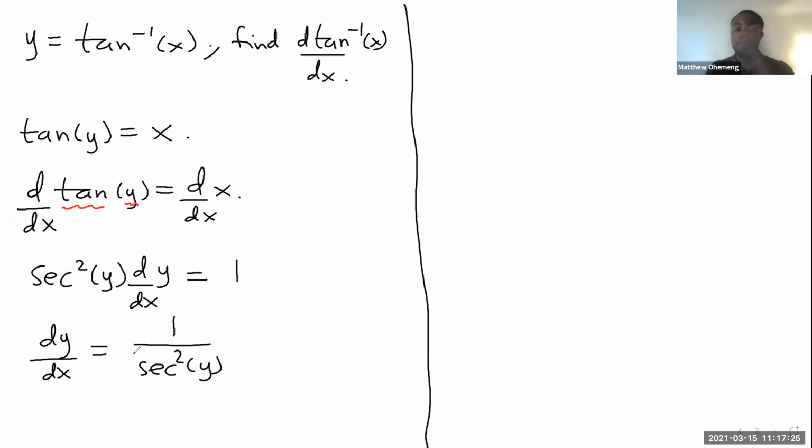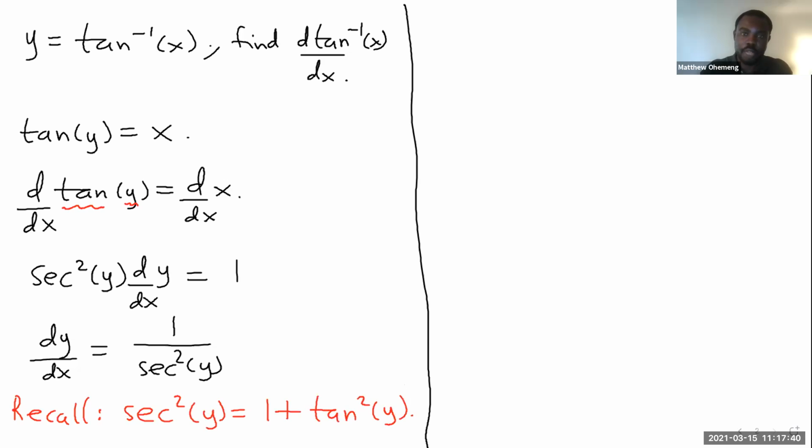For that one, you fall on this property from Math 127, some of the trig identities: secant squared of y equals 1 plus tan squared of y.